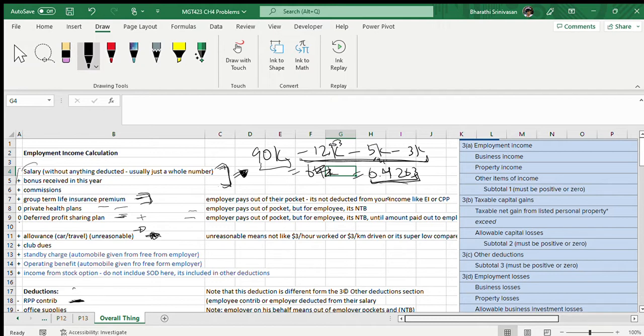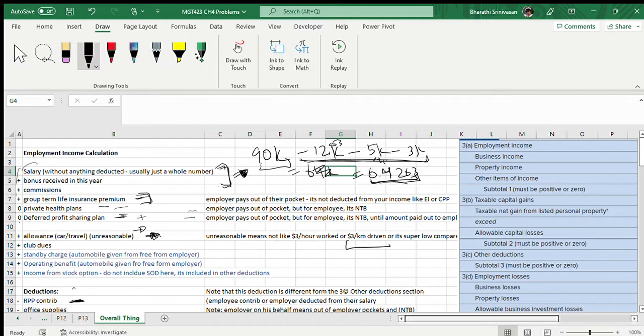So unreasonable means something like that, whereas if it says his allowance is $3 per kilometer driven, in that case it would be a reasonable allowance. It would be a good allowance, and so it wouldn't be taxable. I don't know why unreasonable benefits are taxed and reasonable benefits aren't.